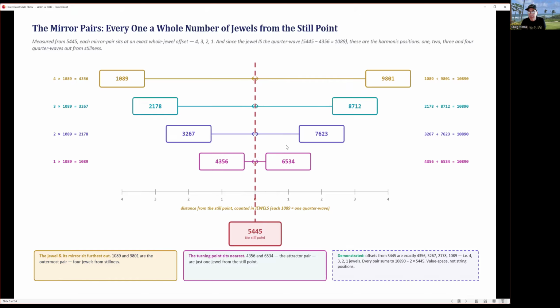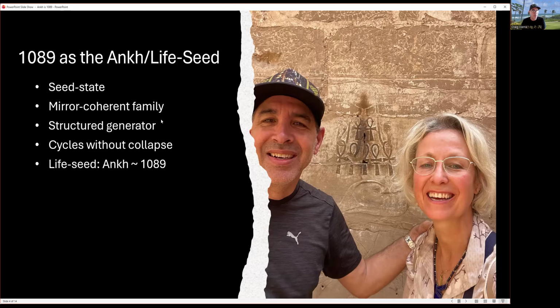Now, what do these numbers have to do with the Ankh? The Ankh, to me, I believe, represents 1089, the live seed. So it's a seed state. It belongs to this mirror family that demonstrates coherency.